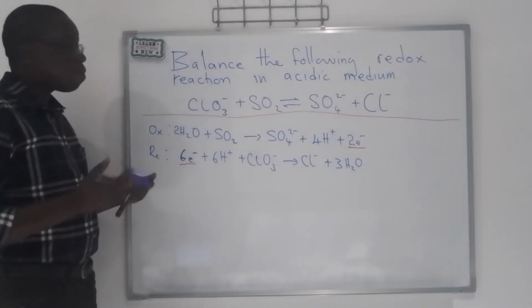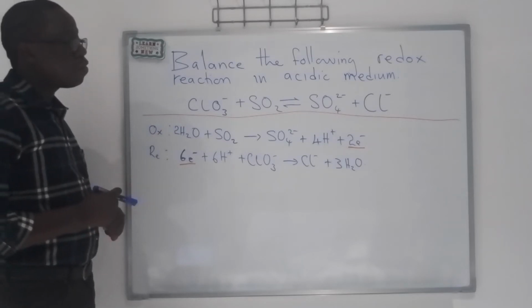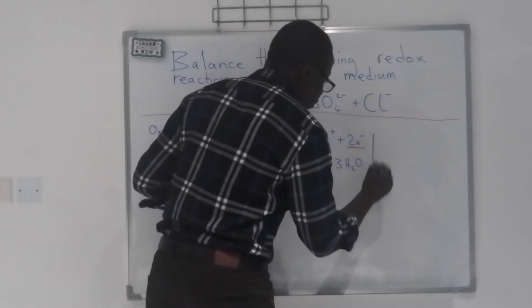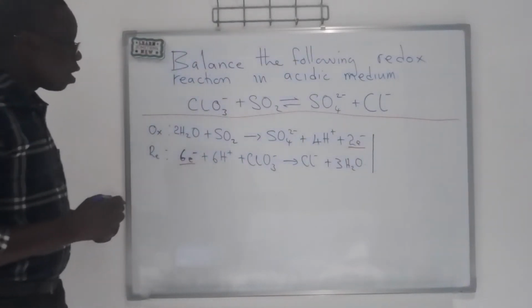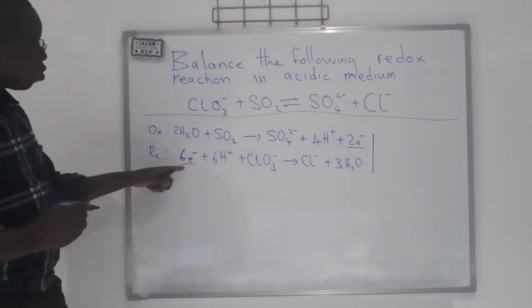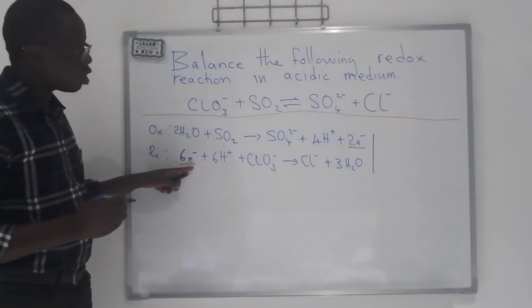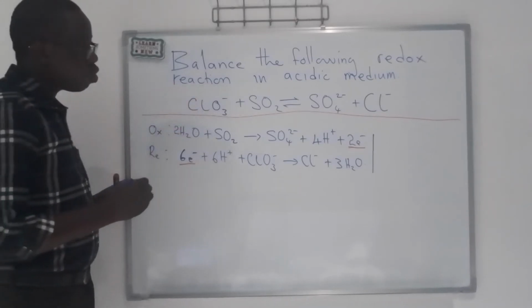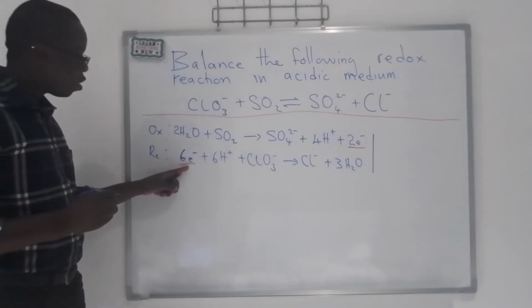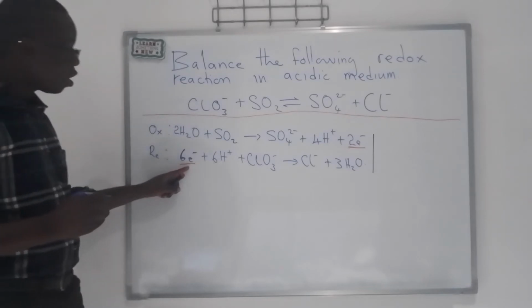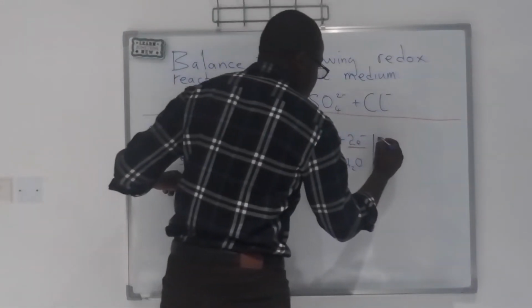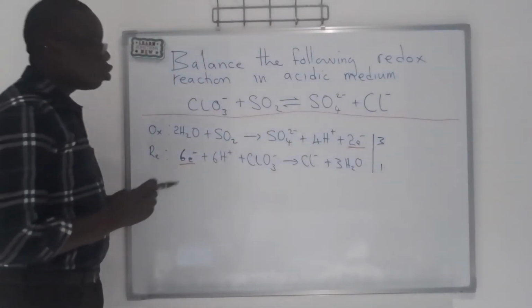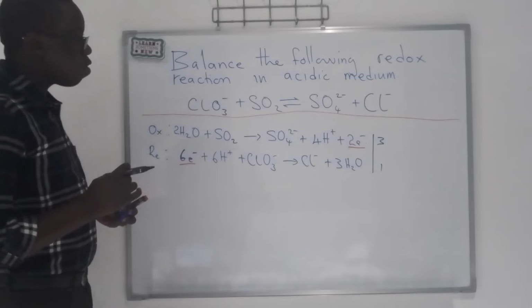To balance them, we simply find the multiplying factor of the 2 equations. For the oxidation we have 2 electrons, then for the reduction we have 6 electrons. So we have a multiplying factor of 3 and 1 so that we can balance the number of electrons.